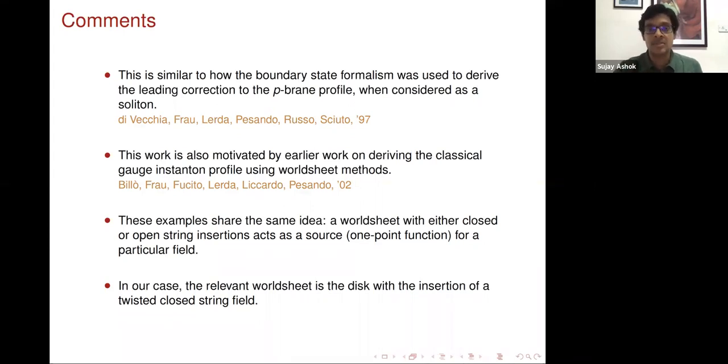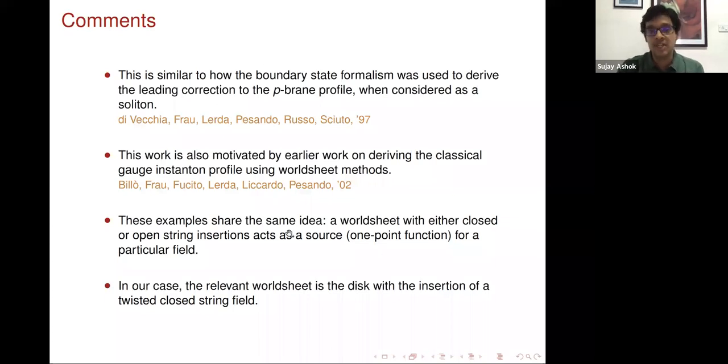In the same way, which is much closer to this work, my collaborators showed back in 2002 that the classical gauge instanton profile in D equals 4 can be derived by considering just D3, D(-1) systems and computing the profile for the D3 gauge field.